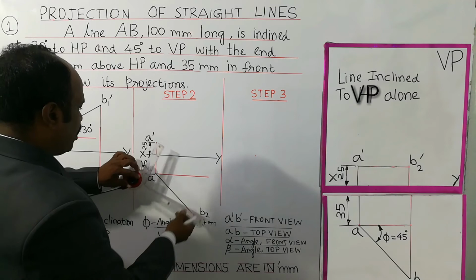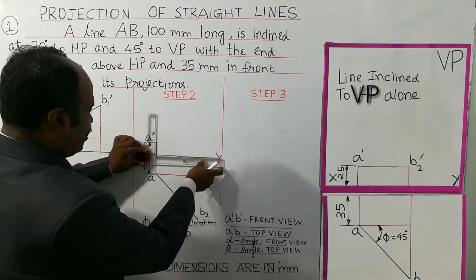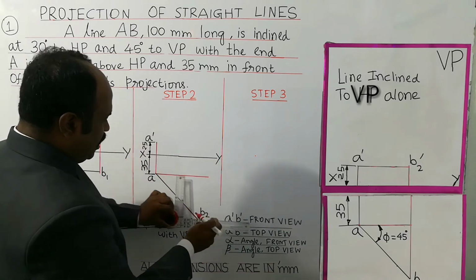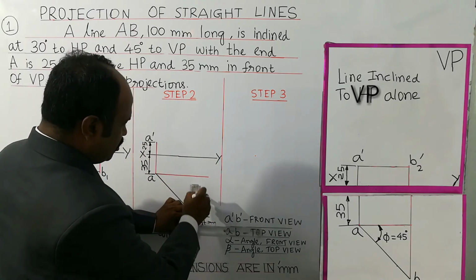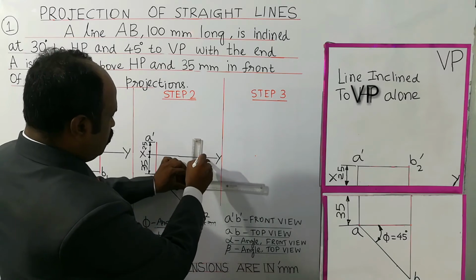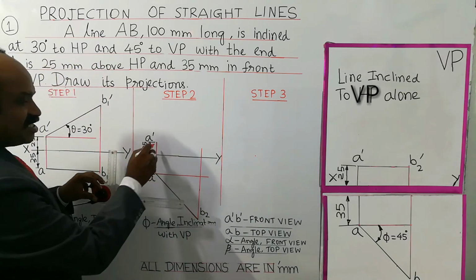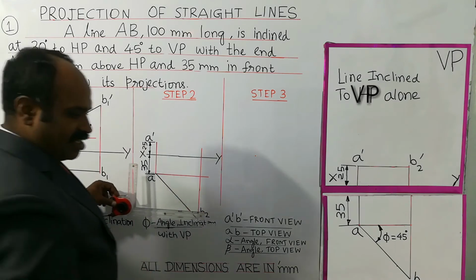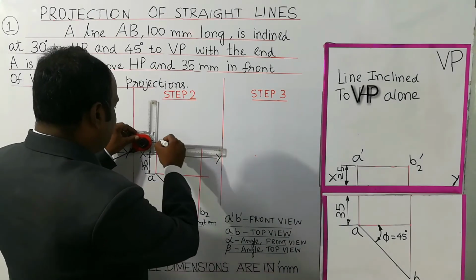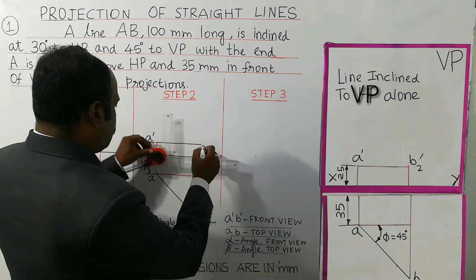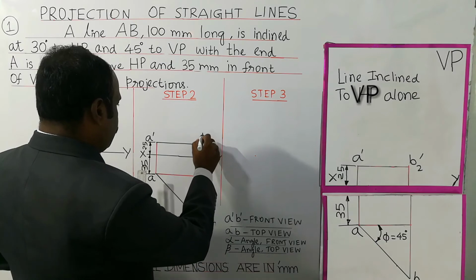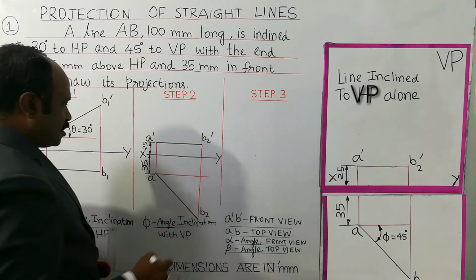Reset your drafter scale to horizontal, keeping it on the XY line as reference. From B2, draw a vertical projector using your 2H pencil. And from point A dash, draw the horizontal line that will show the front view when the line is inclined to VP alone. This point is B2 dash.